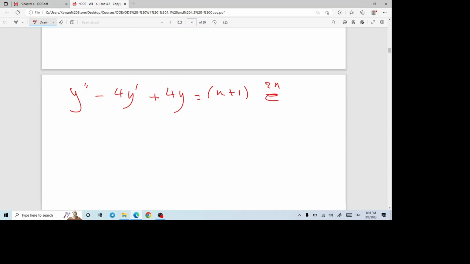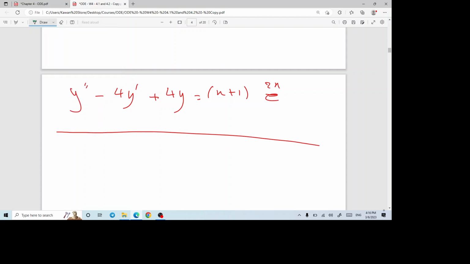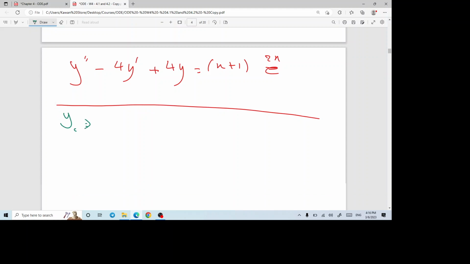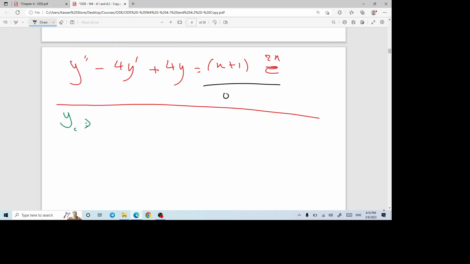So, first of all, part 1, finding yc. We make it homogeneous. So I'm going to solve it like a homogeneous, like that one is 0 in my mind.